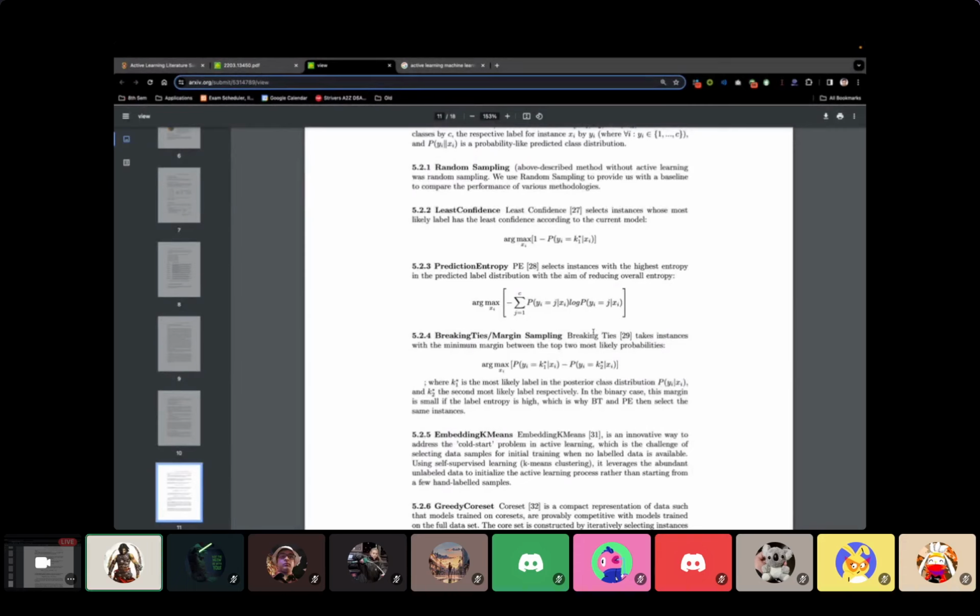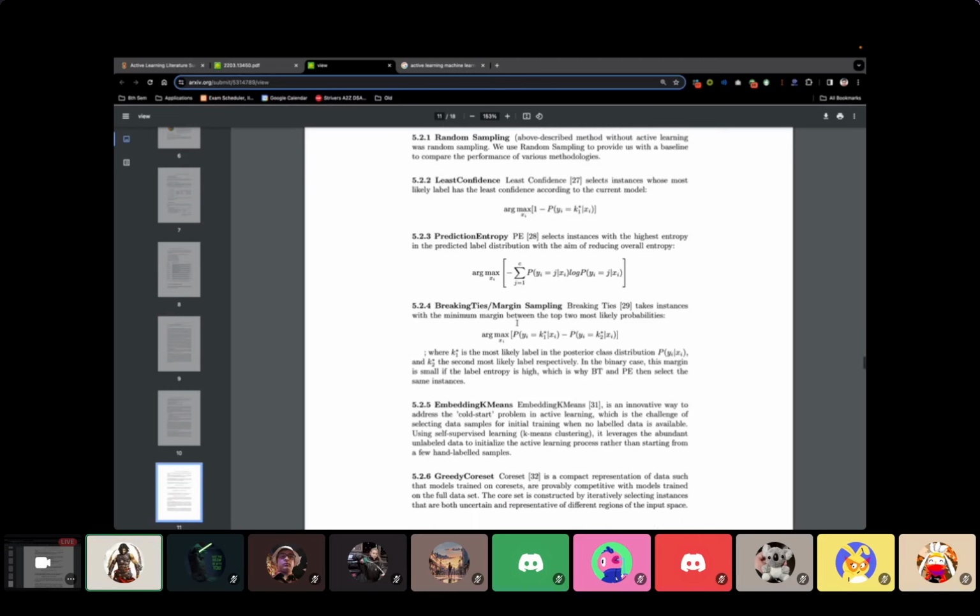Suppose you get a prediction vector for say 5 classes, all 0.2, then that will be the highest entropy compared to, say, one of them being 0.9 and the rest of them 0.025. So this is prediction entropy.